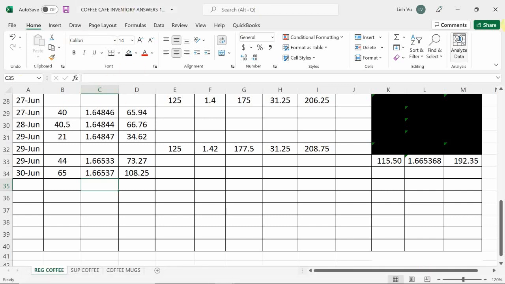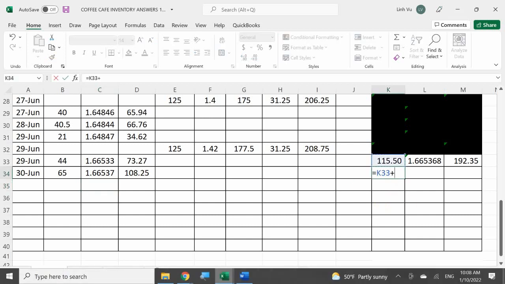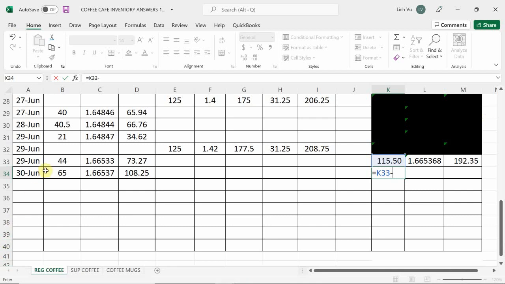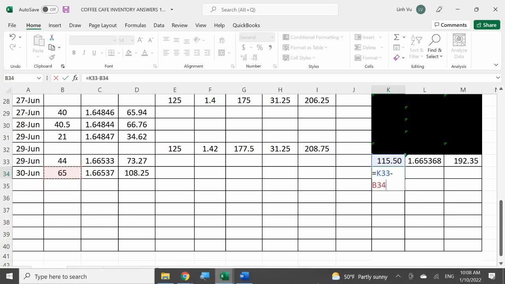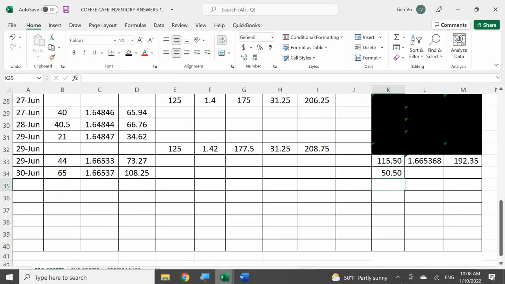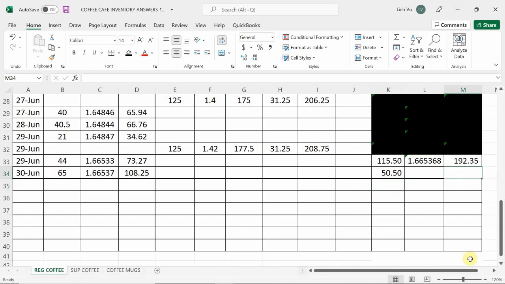All right, so 108.25. Okay. We sold 65 pounds, giving us a remainder of 50.5 pounds at a grand total of $84.10.